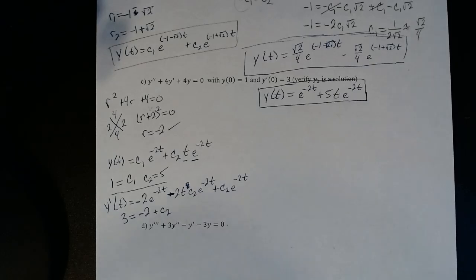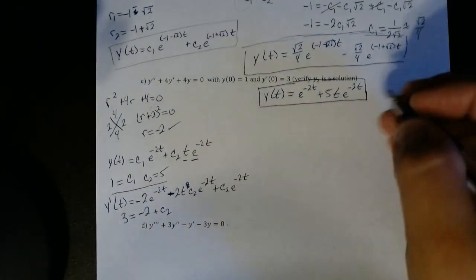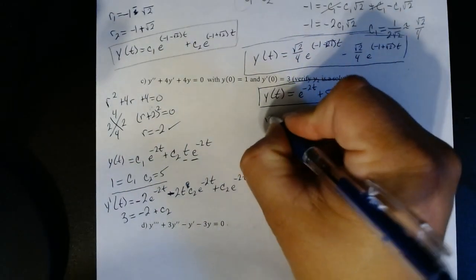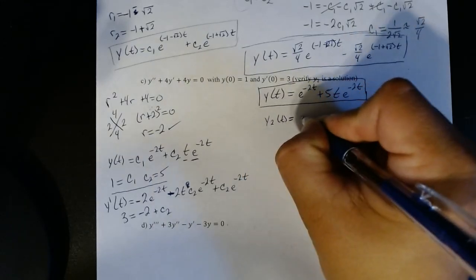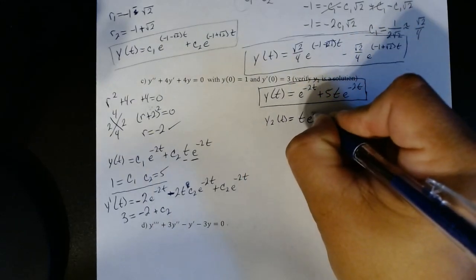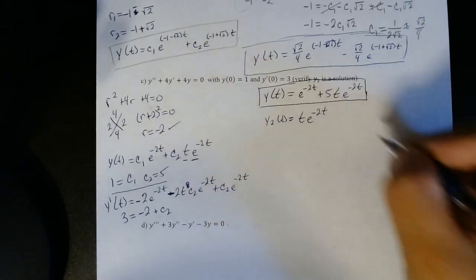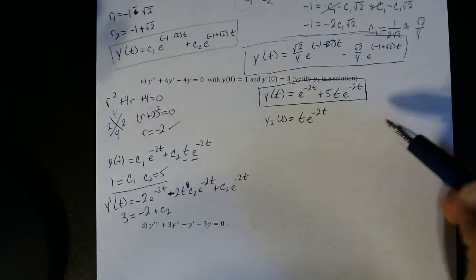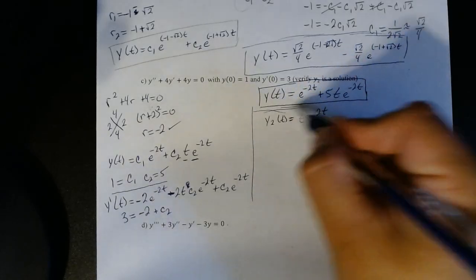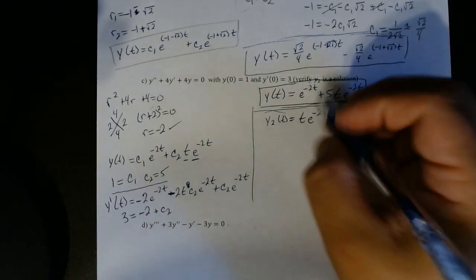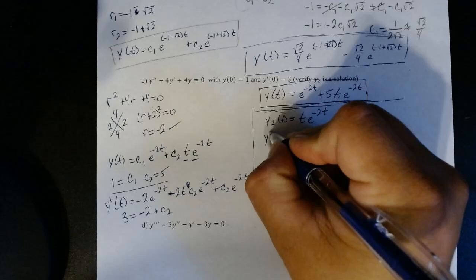Now, we're not done yet because it asks us to verify that y2 is a solution. And remembering y2 was the equation t e to the negative 2t. So we want to verify that's also a solution, just to check, right? Just for practice sake, so you can understand how it's going to go. All right, so we need two derivatives.